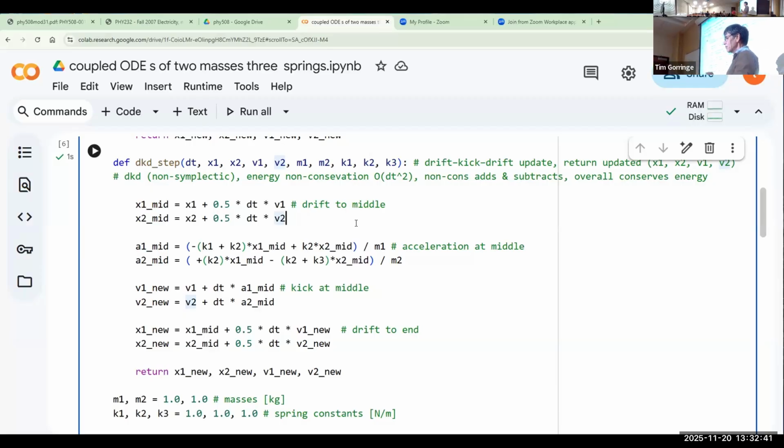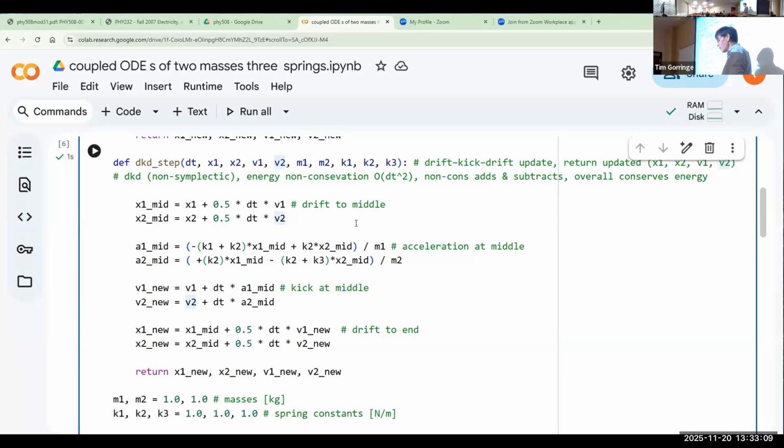What the Euler method is doing is taking the acceleration computed at the beginning of this step, at the current time, taking the velocities known at the current time, and then just applying those. It's just giving one big kick forward to the later time, delta t later.